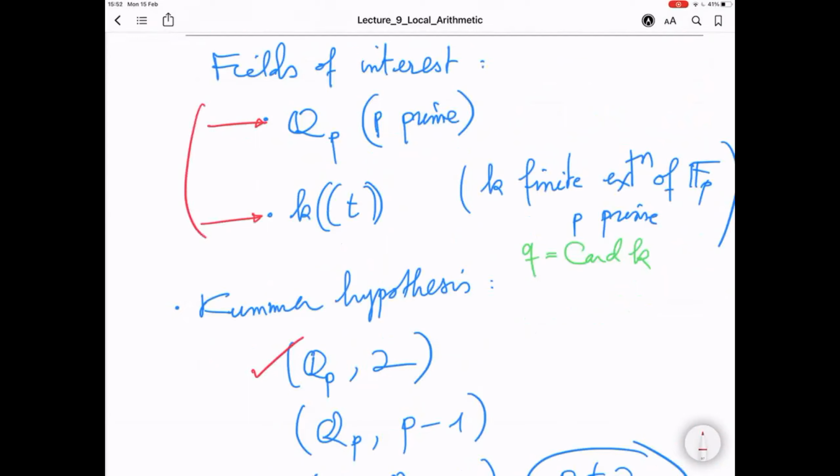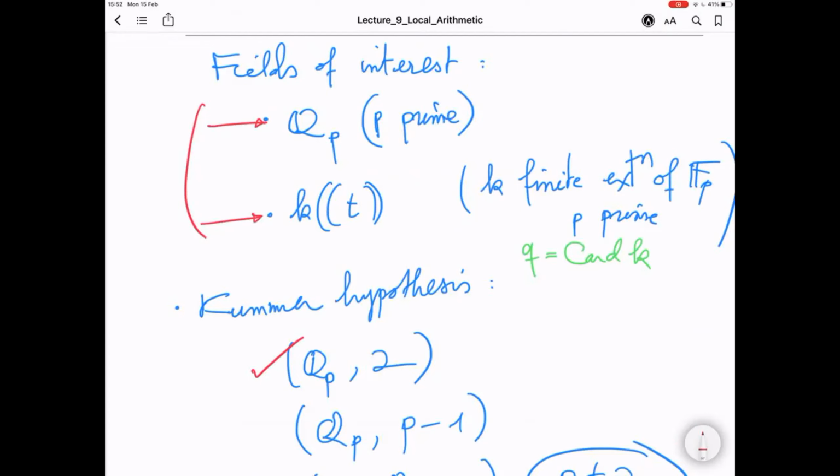Right now, we have just introduced these fields Qp and k((T)), where k itself is a finite extension of Fp, and the number of elements in this little k is going to be denoted by q.